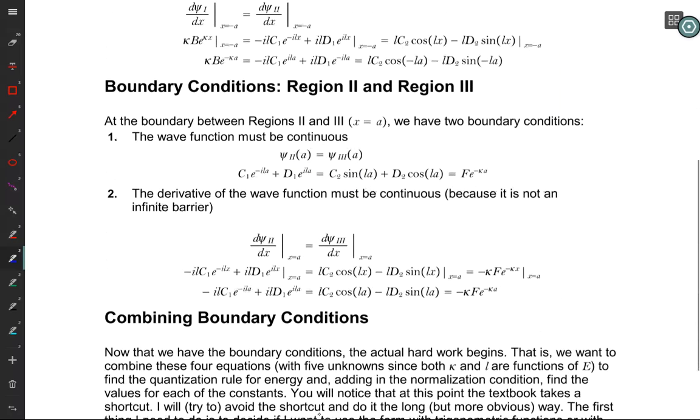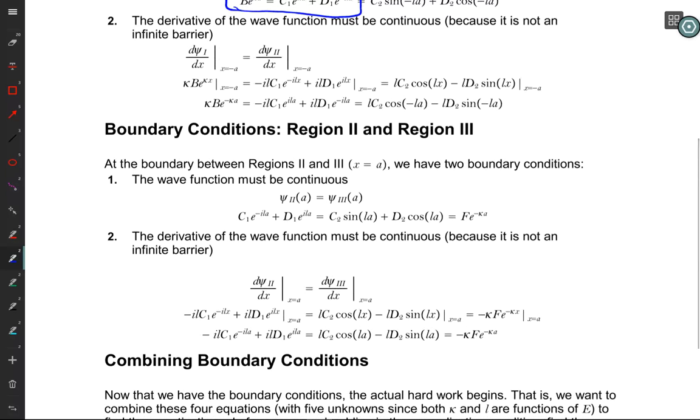So I'm going to have something that looks a little more complicated when I do the derivative. Notice I did the derivatives again, doing both versions of the psi2 function just so we can see how they play out. And so here is a second relationship between B, C1, and D1.